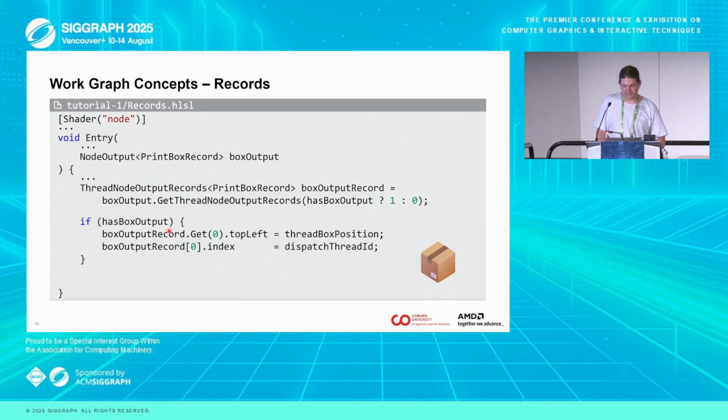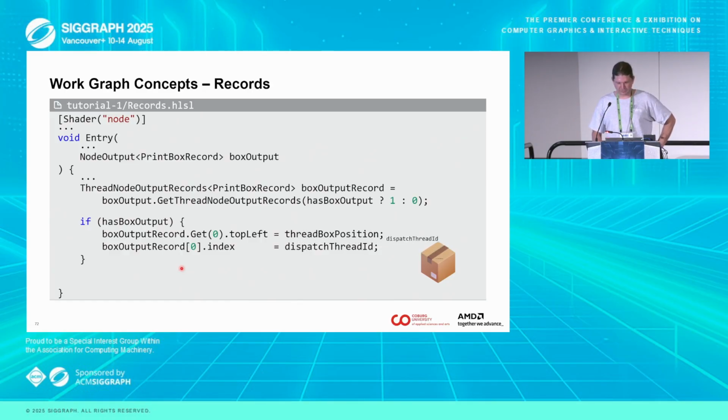Once you have that in your hand, this little array, you can fill it. In our example, we have 1 array per thread, and we can access the element of this thread local array either with the getMember function on this box output record here, and then just access the members of the struct that we defined earlier directly, or you can also use the angle bracket or the bracket operator.